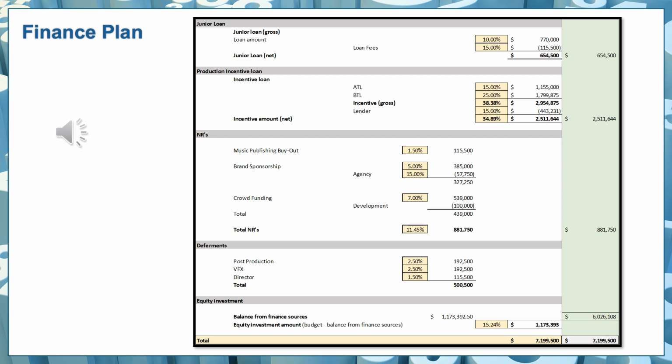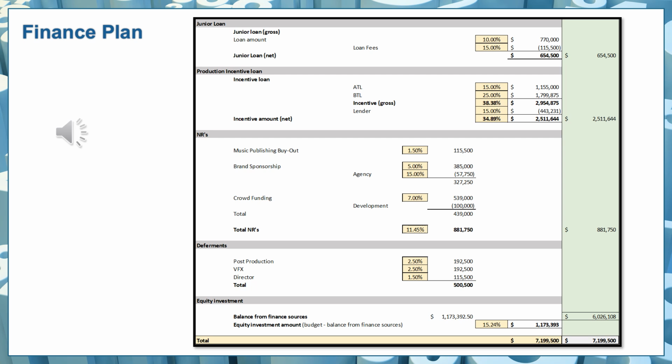So altogether, our total deferments is $500,500, which is why the strike price earlier was deducted from $7,700,000 to $7,199,500, because these are the sections and deferments that will be deducted from the strike price, which is why it is not available to us as cash to closing. It is available in the sense that we are reducing the budget by these line items because we are removing them.